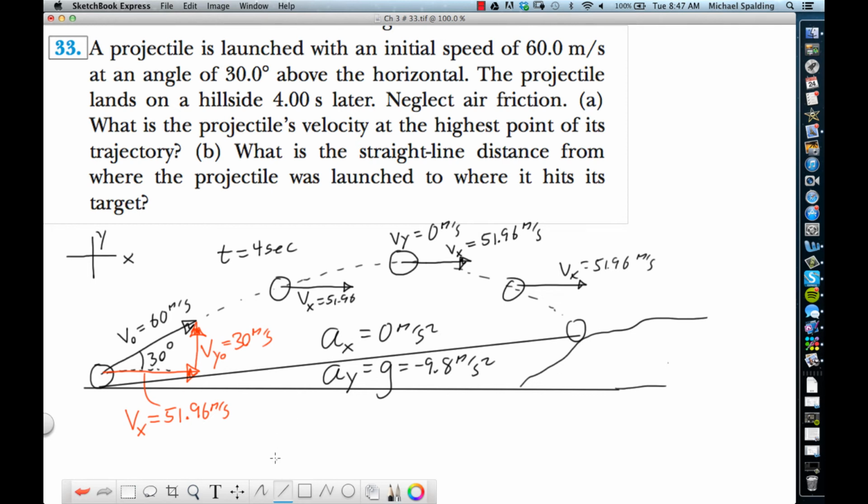Well, we're going to need to solve for the x displacement, how far the ball travels in the x direction, and then we're going to need to solve for the y displacement. Once we have x displacement and y displacement, how do we get the straight line distance? Pythagorean theorem.